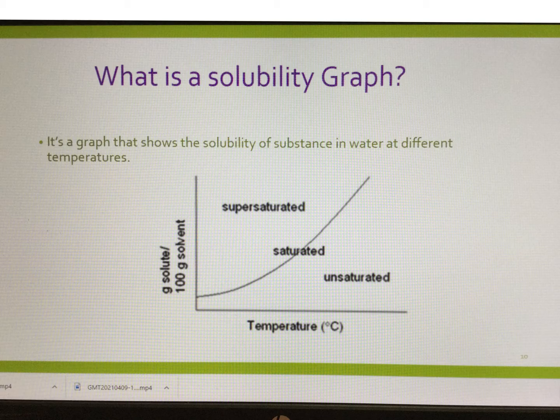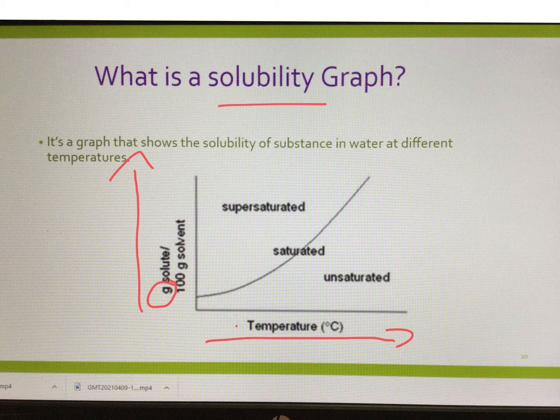Okay, now when you look at solubility in a graph, your curve is going to depend on whether you have a solid or a gas. The higher the temperature, the more solid can be dissolved. So I'm going to, in a minute, give you a certain temperature and a certain amount of grams of, let's say, water. And wherever you plot, if that plot is right on the line of that particular chemical, then it is a saturated solution.